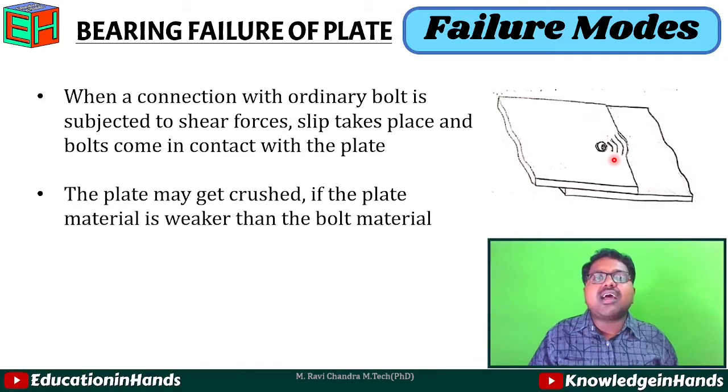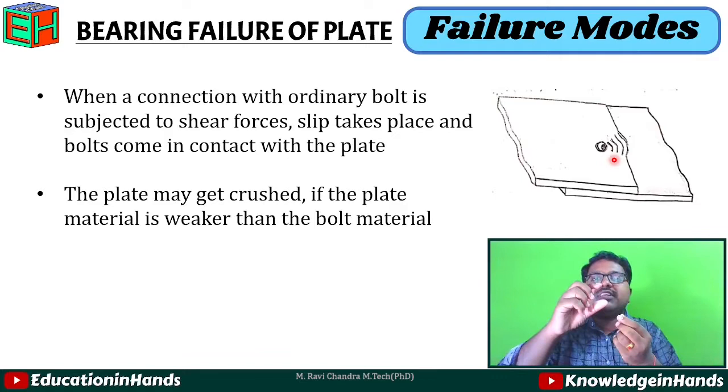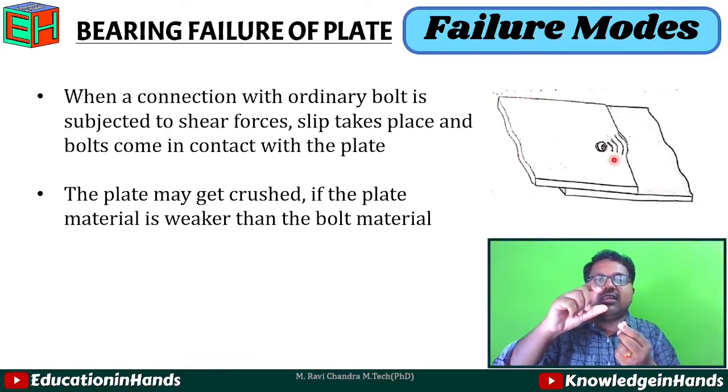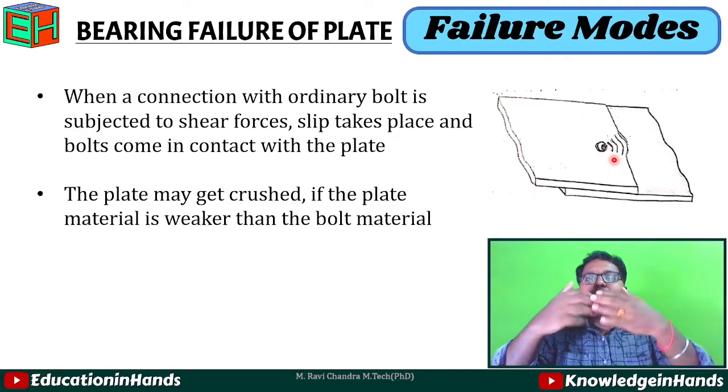Then the next one is the bearing failure of the plate. Whenever a connection with an ordinary bolt is subjected to shear forces, what will happen? Slip takes place and the bolts come into contact with the plate. Whenever these two plates slip over each other, the bolt slips from the original position and comes into contact with the plate.